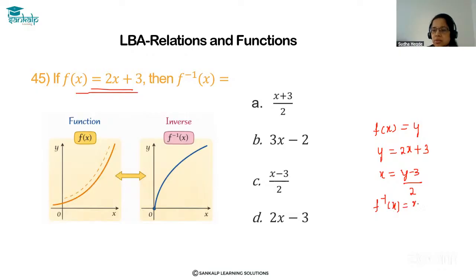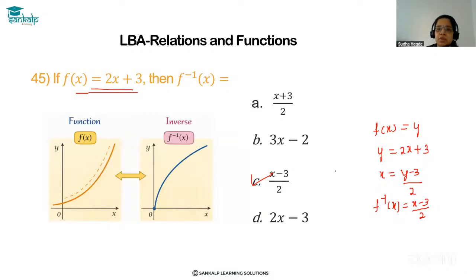Right, x. So x minus 3 by 2. So option C, x minus 3 by 2, is the correct answer. f inverse x is equal to x minus 3 by 2.